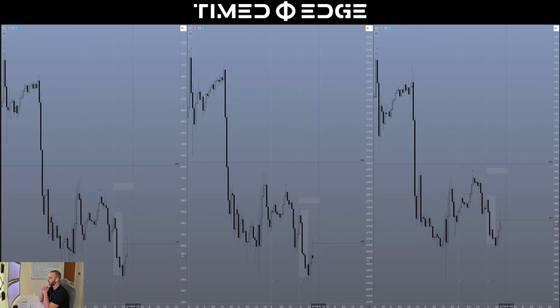Yeah, let's go back and have a look at this price action here. When did this take the high? Just sweep the high.